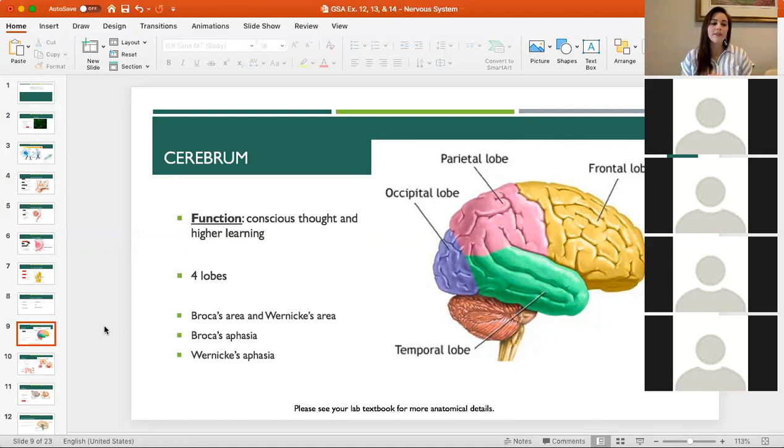A patient with Wernicke's aphasia can form thoughts and produce speech, but they cannot understand what others are saying. It'll be super important that you know both of those terms, where they're located, what they do, and the consequences of issues there.